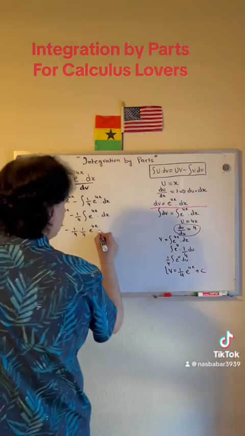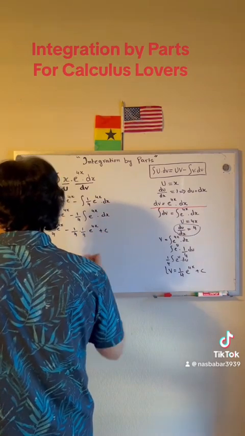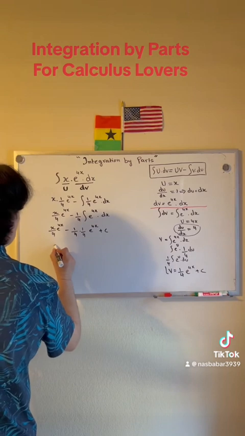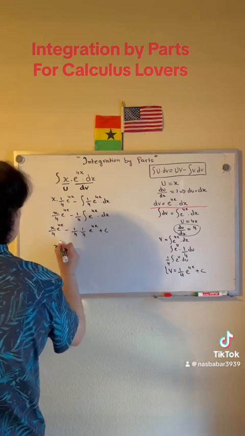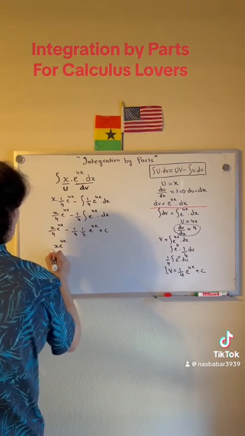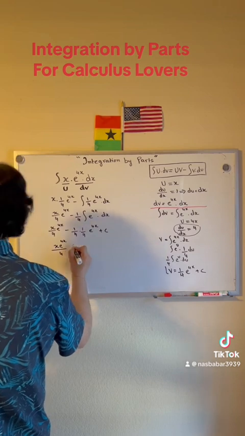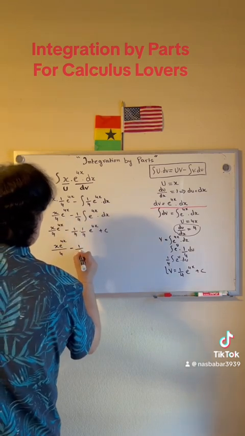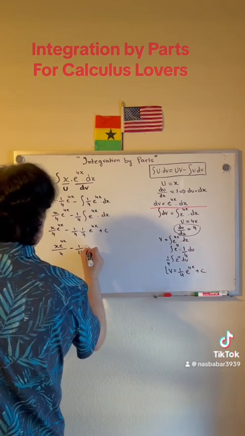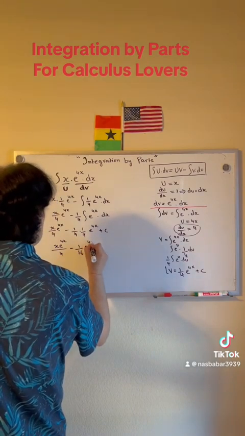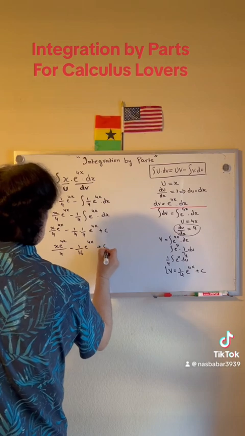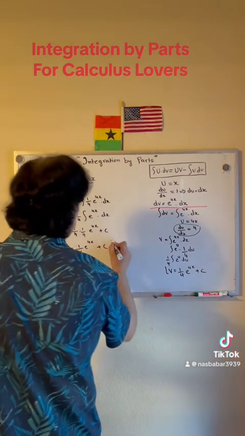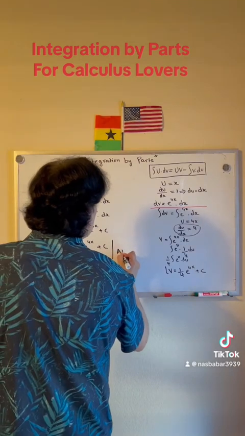Never forget the constant. So now it's pretty straightforward. The answer is x e to the 4x over 4, and then minus 4 times 4 is 16, 1 over 16 e to the 4x plus c. That is it, my friends. That is the final answer.